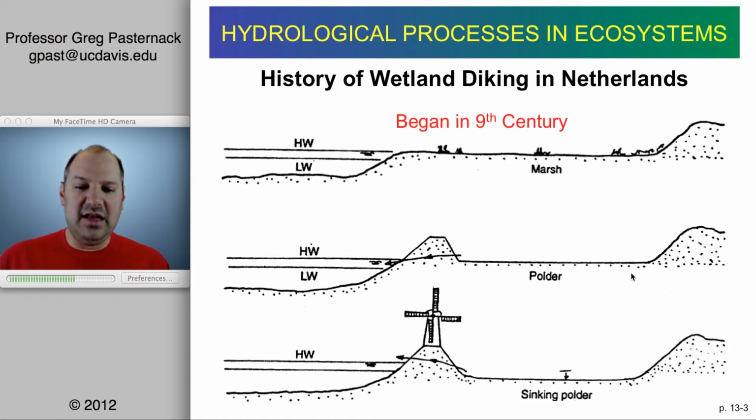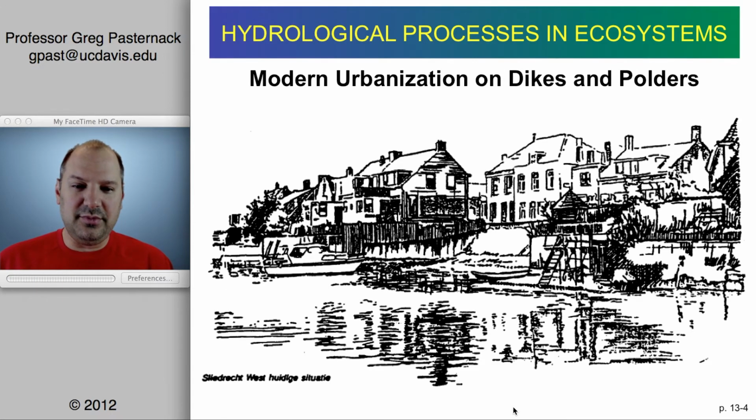And that then led to the development of windmills, to have the energy to pump water out using the energy of the wind. These are the iconic windmills that are well known from the art world, to characterize agricultural, rural Netherlands.